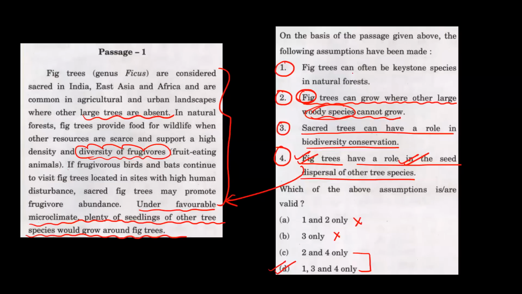And statement 1 is also true. Why? Because the first statement is only telling that they provide food for the wildlife where other resources are scarce. So therefore they become a keystone species. So answer is 1, 3, 4.